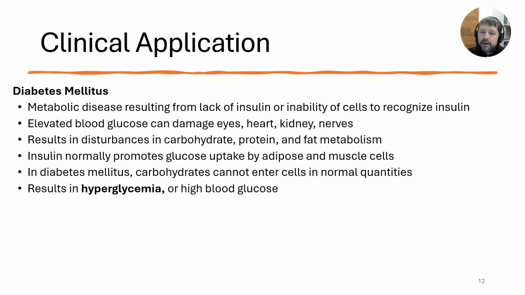Normally what happens is carbohydrates can't enter cells in the normal quantities. Remember, carbohydrates is just a fancy word for sugars. So the sugars can't enter the cells in normal quantities because insulin doesn't allow for that to occur. That results in what we call hyperglycemia, which is high blood glucose.